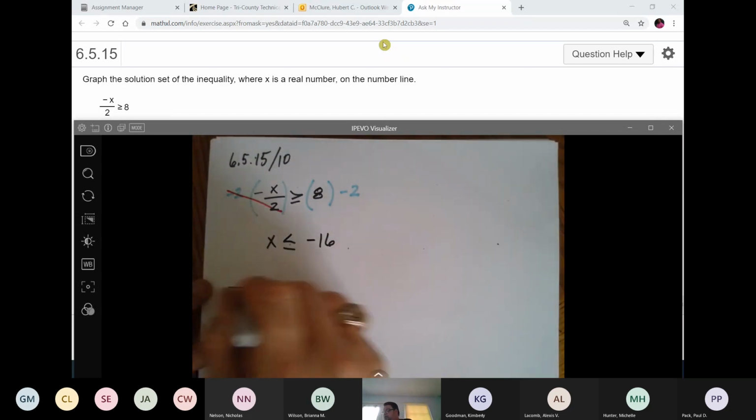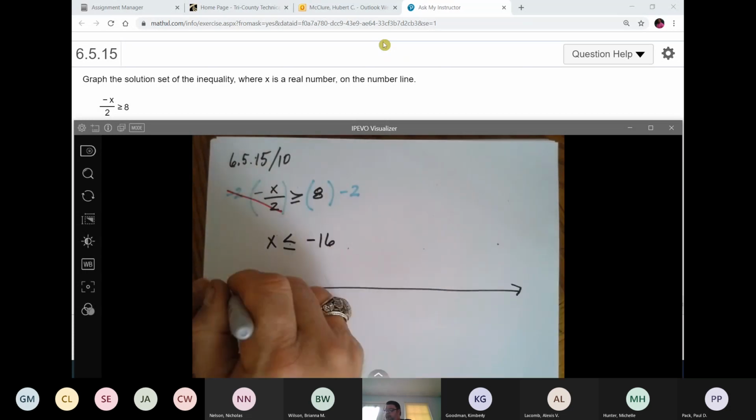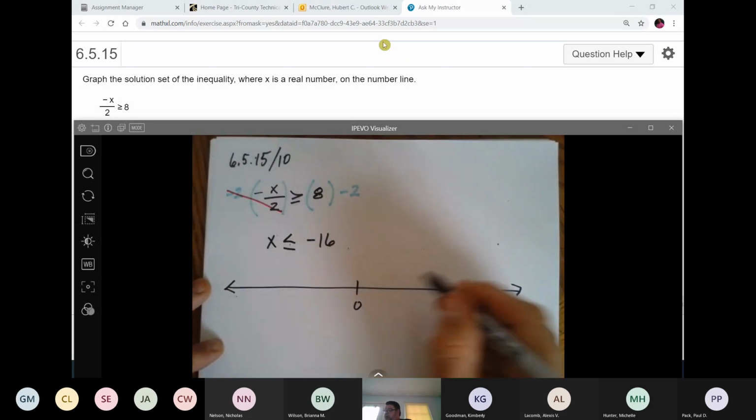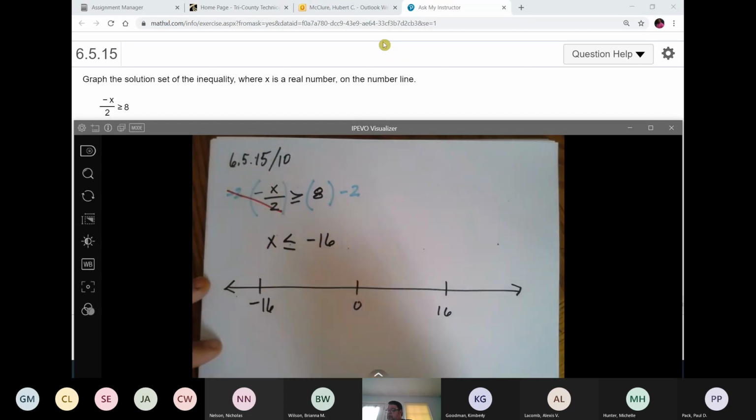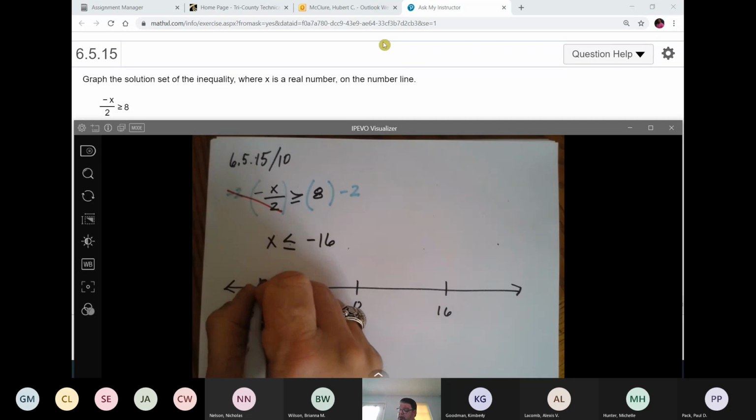And number line: 0, 16, negative 16. What numbers are less than negative 16? Less means left. So I'm going to put a closed circle here.